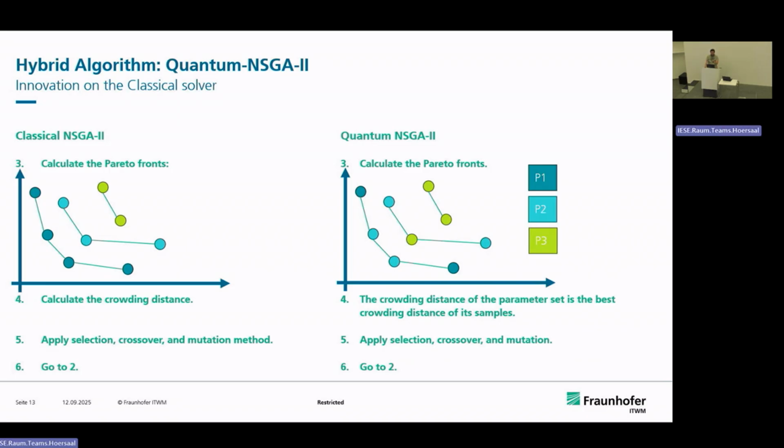Okay, maybe one last question. Is it possible to design a mixer towards non-dominated states?